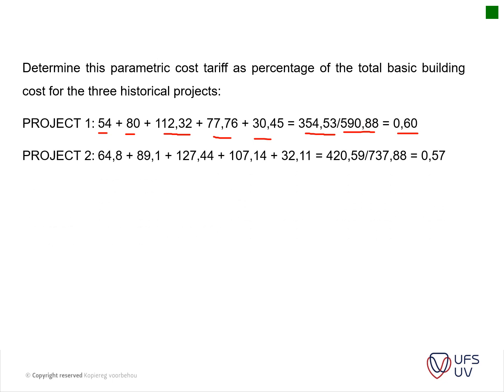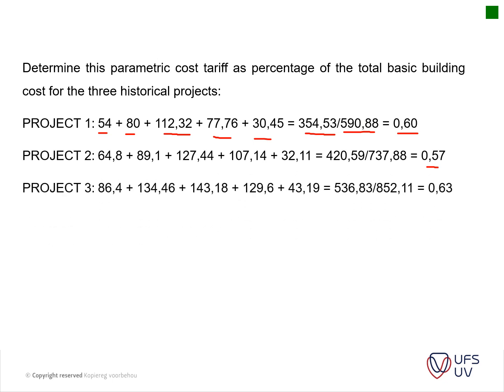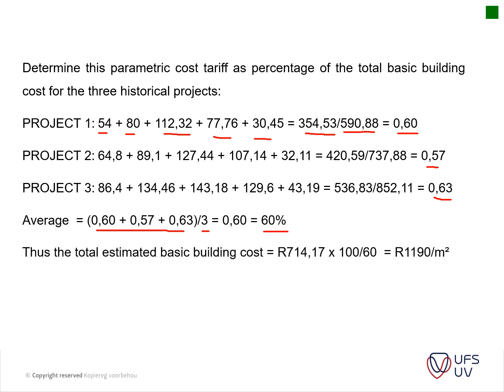You do the same for project 2. You can see that they amounted to 57%, and project 3 amounted to 63%. And thus you work out the average of those, you add them together and divide by 3 to get an average of 60%. Okay, now that's all well and wonderful, but what do you do with that?